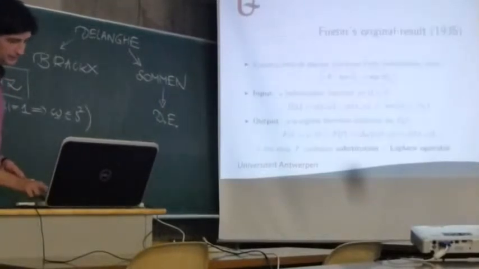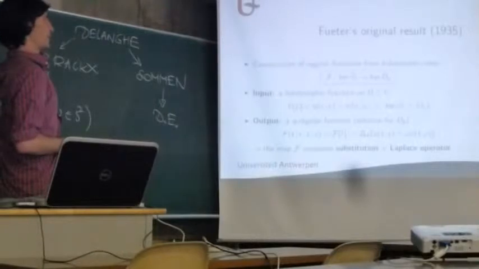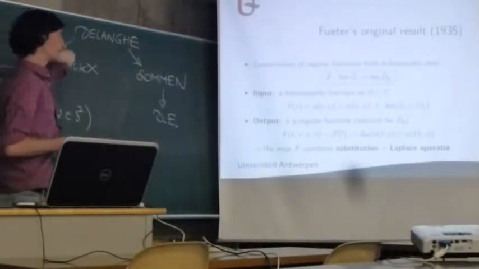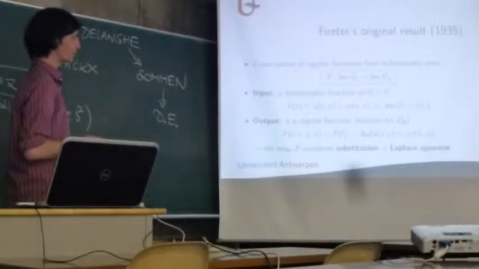Fueter's original result, dating back to 1935. What he did is what I put in a box here. He defined a map from holomorphic functions to these regular functions. And I should explain what the map does.